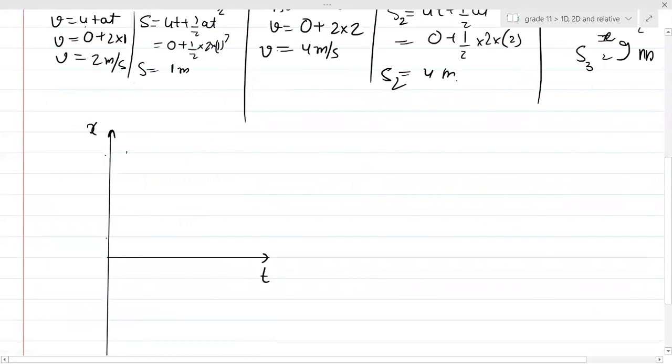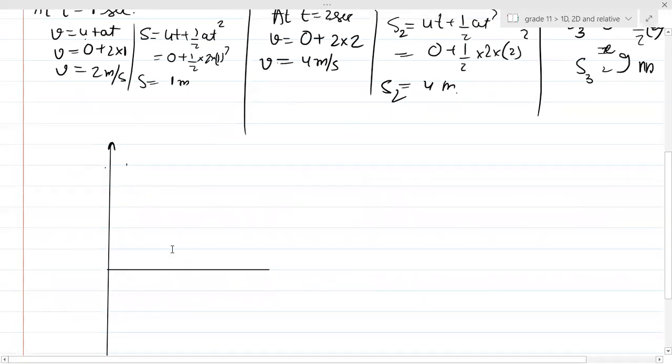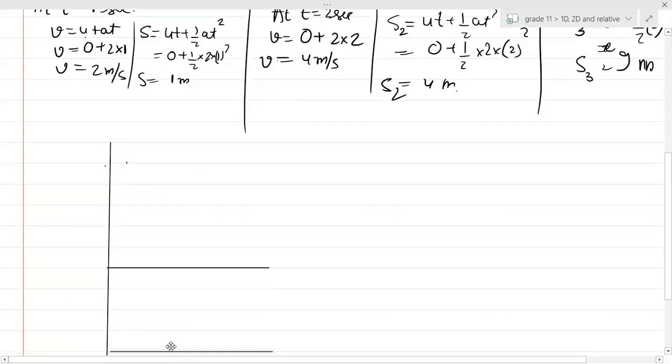So see guys, I'm drawing this now. Here I'm drawing a position time graph.